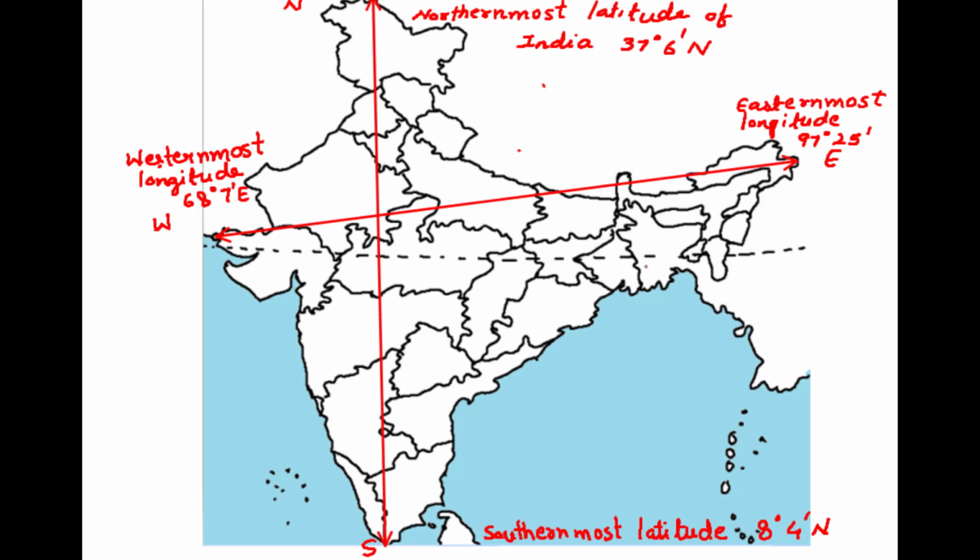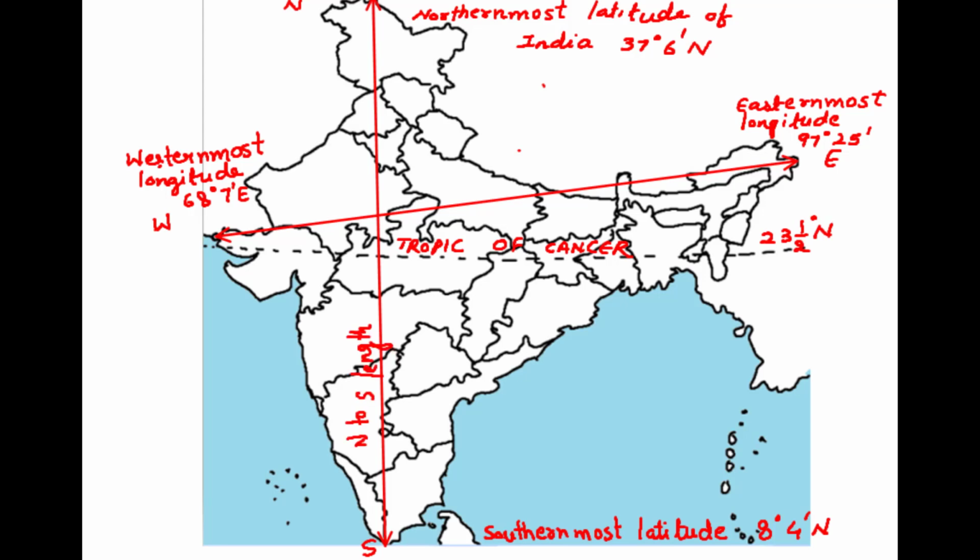And this is our Tropic of Cancer, which passes approximately through the center of our country. Just have a look at the states through which it is passing. The latitudinal value of the Tropic of Cancer is 23.5 degree north, and a half means 23 degree and 30 minutes north.